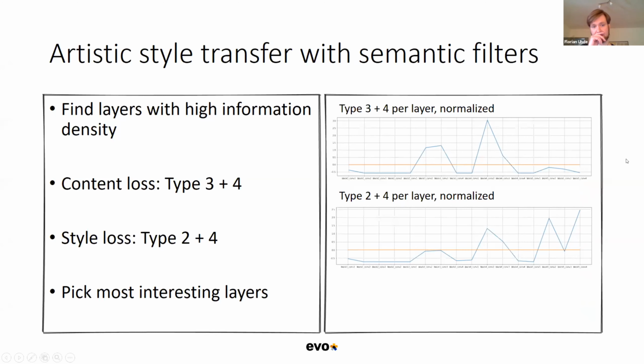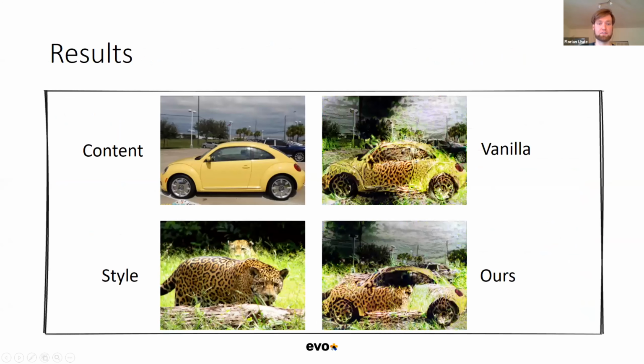And doing this, I have an example here of a content image, which is a car, and a style image, which is a leopard. This is the vanilla style transfer using the layers and the weights from the Gatys paper. And this is the same loss functions, just using the filters picked by the algorithm. You can see that they are quite similar in the quality of the result.